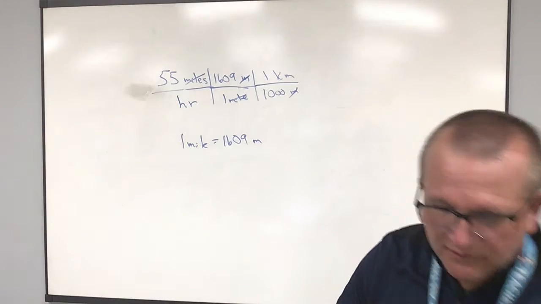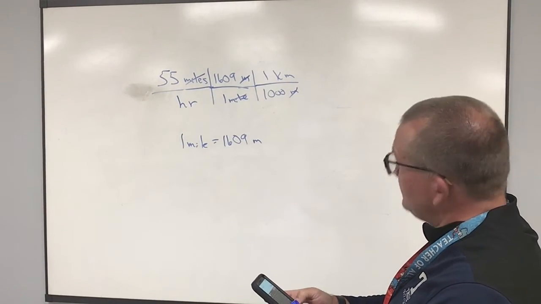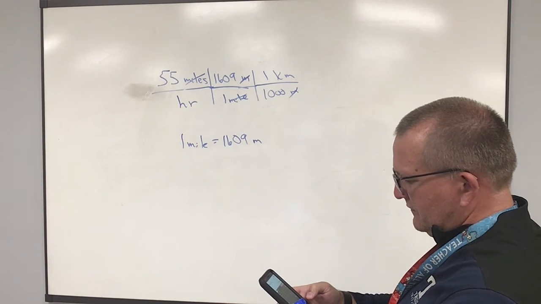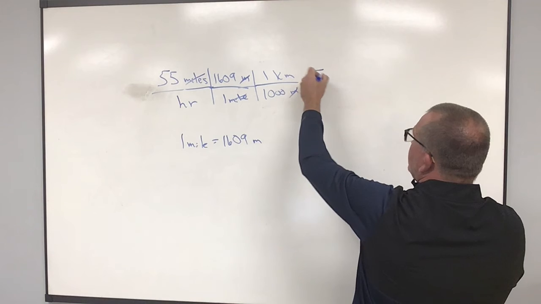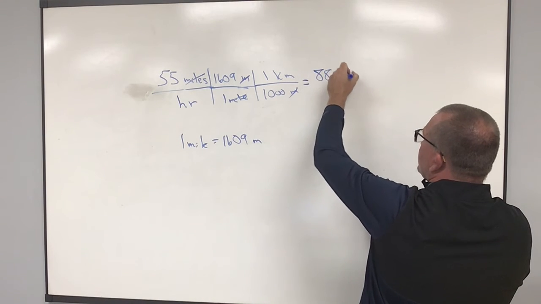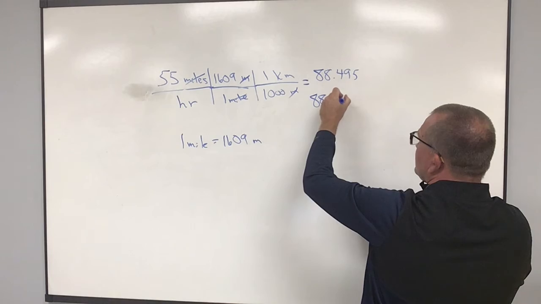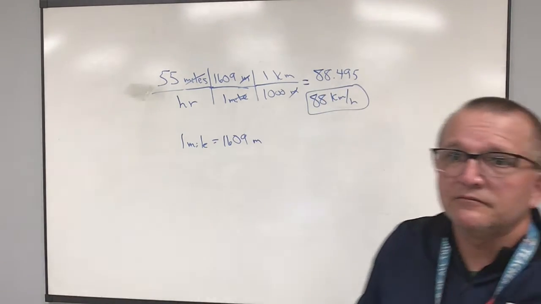So now I just take 55 times 1609, hit equal, divide by 1,000, and I get 88.495, which again, 2 sig figs would be 88 kilometers per hour. So that would be my answer in kilometers per hour.